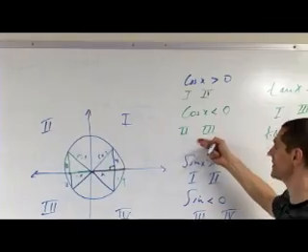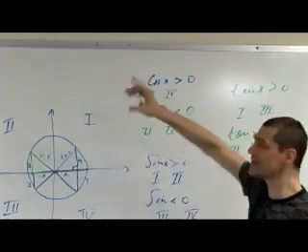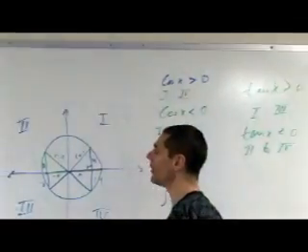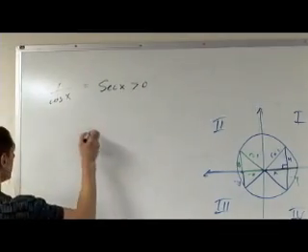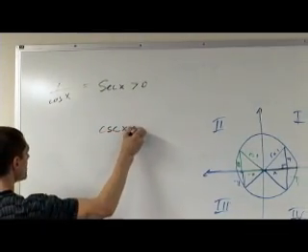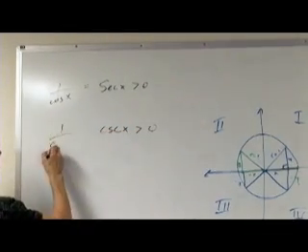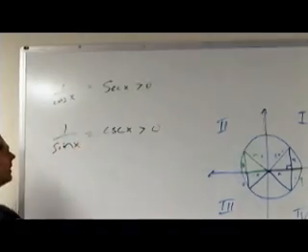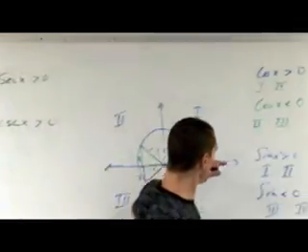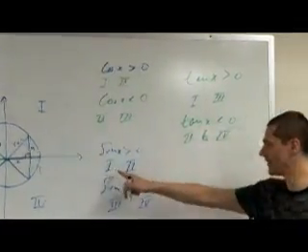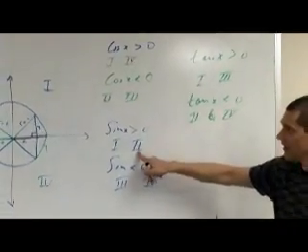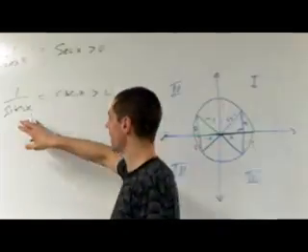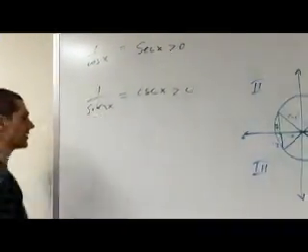It's going to be less than 0 where cosine is less than 0 because it's just flipping it around. And similarly, cosecant x is going to be greater than 0. Well, this is just 1 over sine x. So we already know that sine x is greater than 0 in quadrants 1 and 2. That means that this will be greater than 0 in 1 and 2.